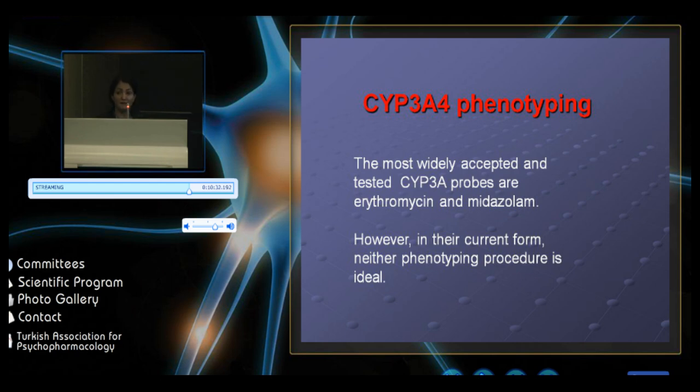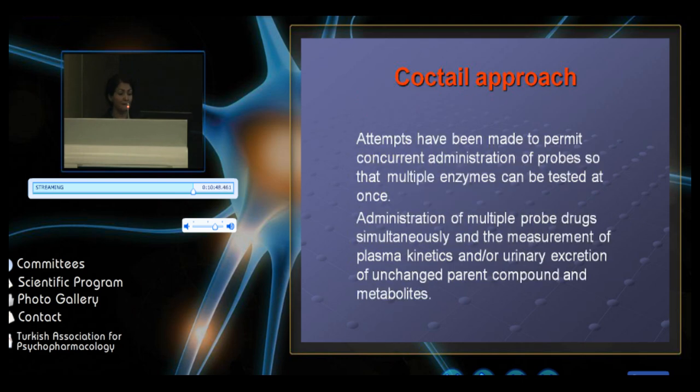If you administer midazolam through IV, then the liver enzymes are shown, and the metabolic pathway is shown. But if you administer it orally, then intestinal 3A4 is analyzed. So this is a single probe drug. This is the phenotyping of one single drug.